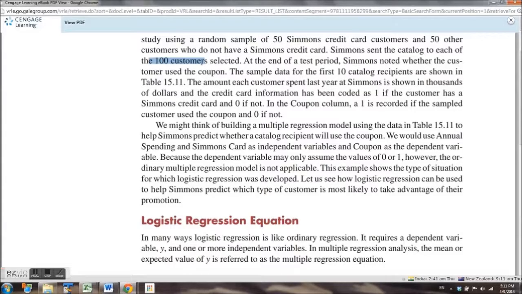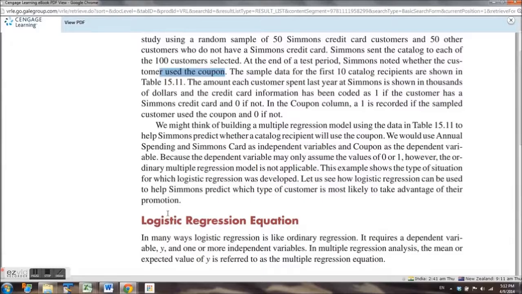They sent out the catalogs to these 100 customers, and then at the end of the test period they noted whether the customer used the coupon or not. So now we have 3 columns of data: the annual purchases of the customers from Siemens, whether the customer holds the Siemens card or not, and during the test period whether they used the coupon or not.